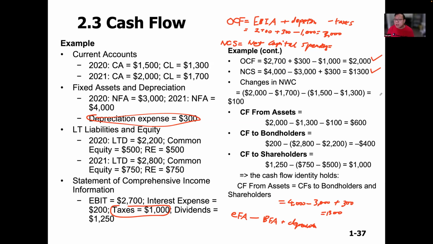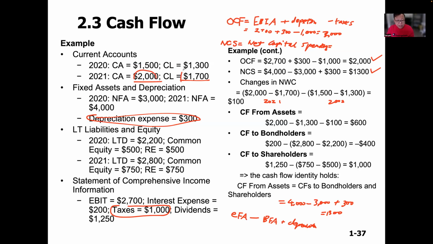Now changes in net working capital. So net working capital is current asset minus current liability. So this year is 2021, and this year is 2022. So for 2021, the current asset is 2,000. The current liability is 1,700.